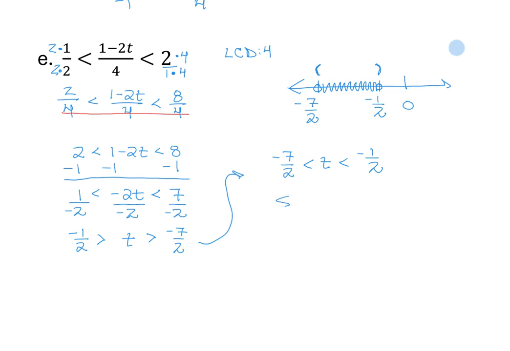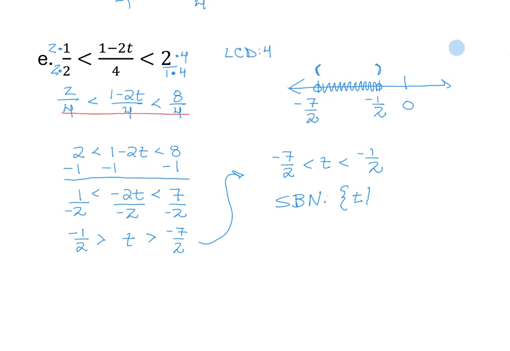And when we write our set builder notation, we do need to be a little bit careful on this one. The letter that we use in our set builder notation is not always going to be an x. What is our variable for this particular inequality? It is t, and so that is what we want to use in our set builder notation.